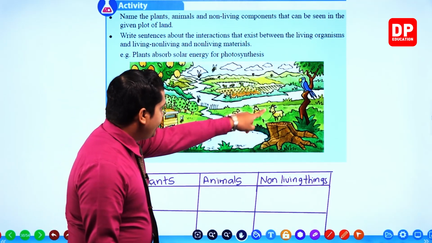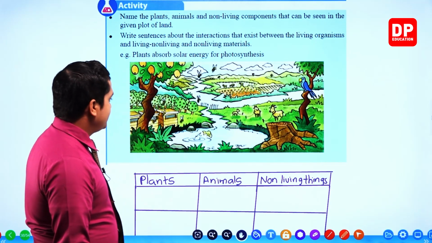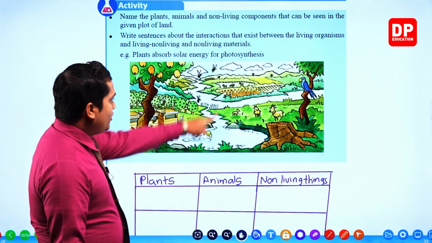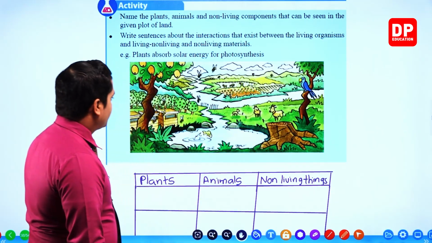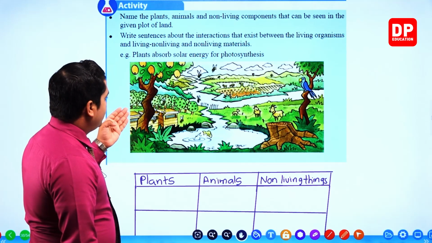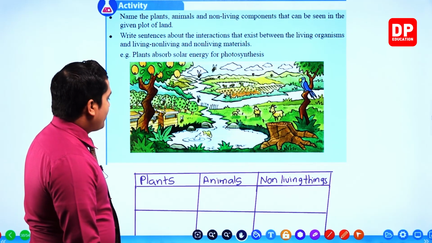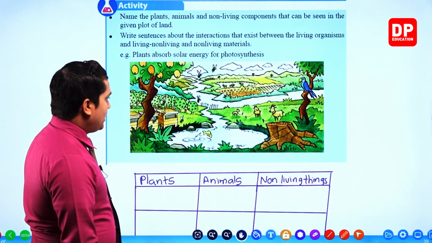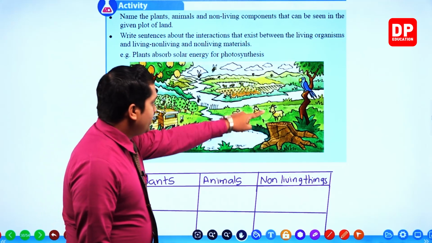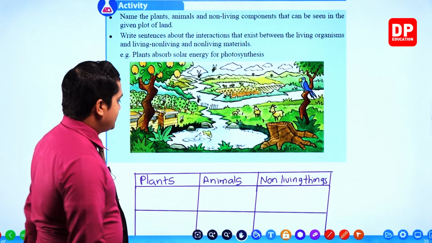So goat, bees, fish, and over there I can see even cattle, and there is a bird also, right? So animals, I'll write 3 animals then. So there are even more, but I'll write 3: goat, fish and bees.